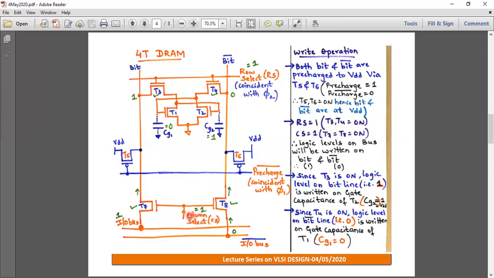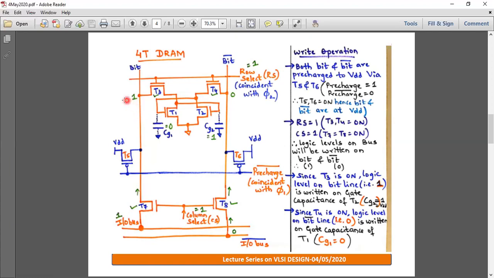Column select is 1, hence the T7 and T8 transistors will be on. Since the T7 transistor is on, the logic level on the input output bus will be available on the bit line now. So the input output bus is at logic 1, so this logic 1 will be available on the bit line.